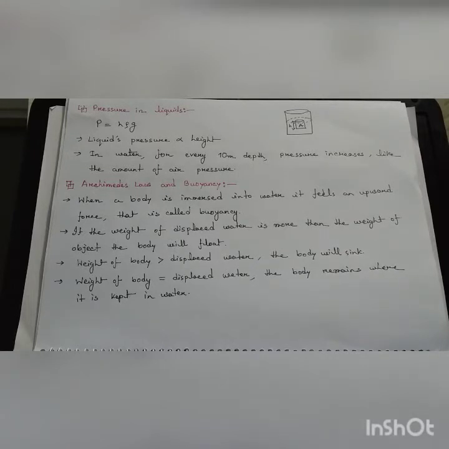If we want to measure the pressure in liquids, we have to use the equation P equals H rho G, where H is the height from the water surface, the height of an object into the water from the outer surface. Whenever the height increases, the pressure also increases. Liquid's pressure is directly proportional to height. From that equation we can say it.